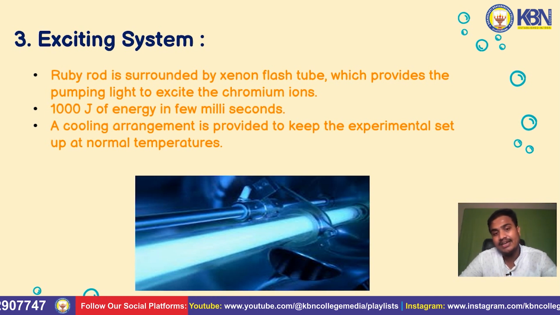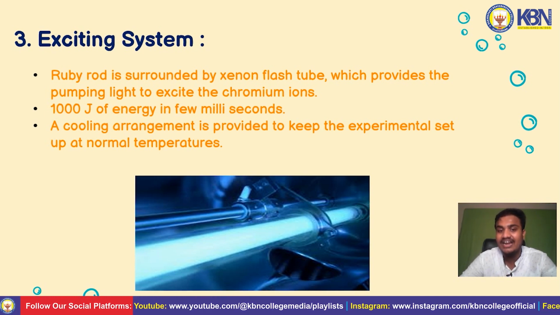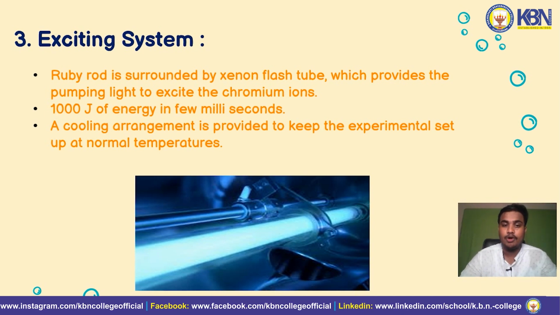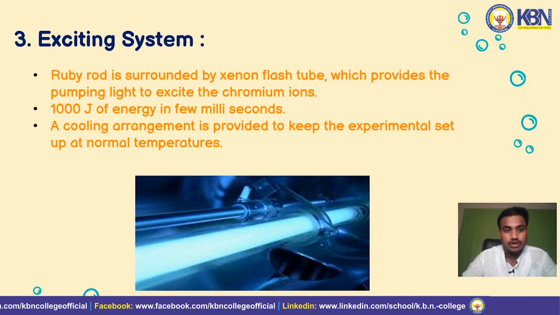The remaining energy is wasted and heats up the system. So in order to cool the system, a cooling arrangement is provided to keep the laser at normal or room temperature.